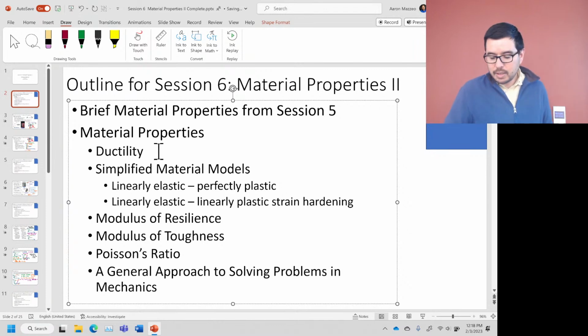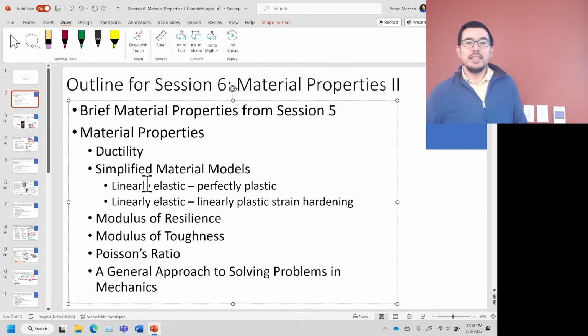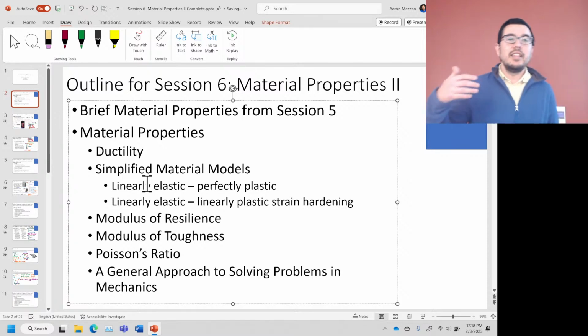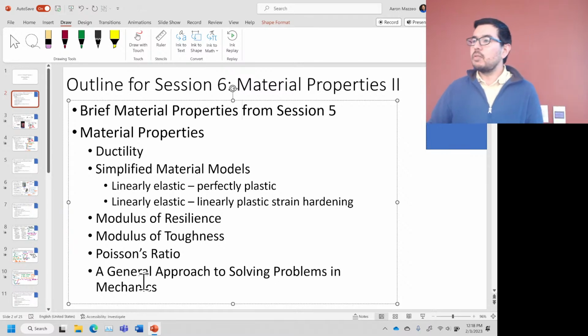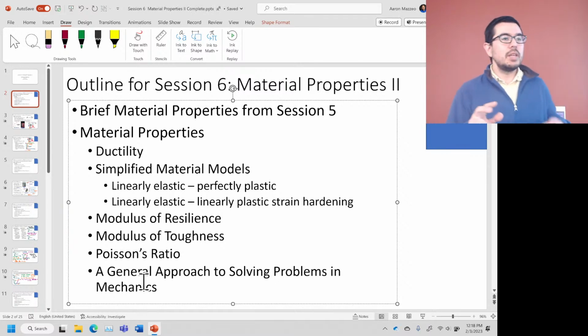We'll talk about ductility a little bit more, a couple of simplified material models, linearly elastic, perfectly plastic, and linearly elastic, linearly plastic, strain hardening. We'll talk about modulus of resilience, modulus of toughness, Poisson's ratio, and then we'll go into a general approach that we might take when we're attempting to attack these problems in mechanics.